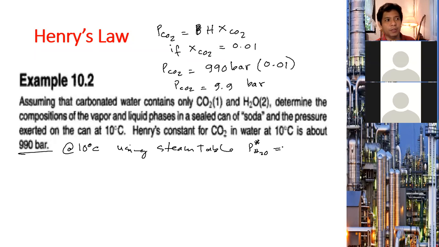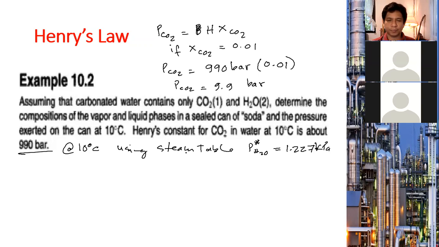Pag yung English at SI, kasi degree Celsius ito, doon kayo sa SI. P star H2O is, you're supposed to get something like 1.227 kilopascal.